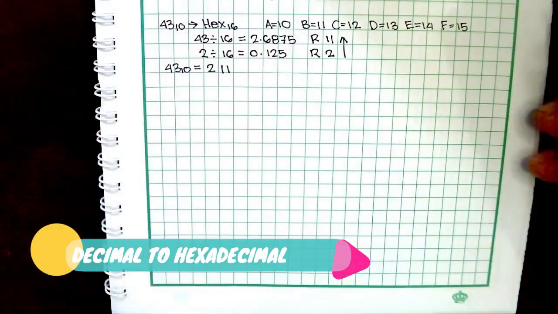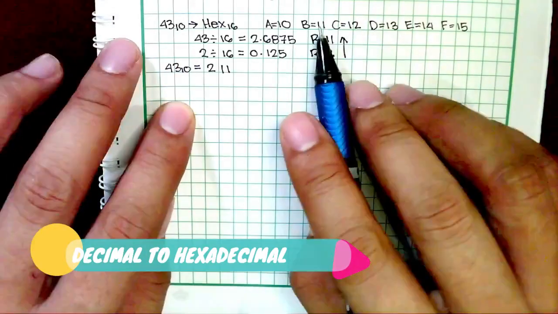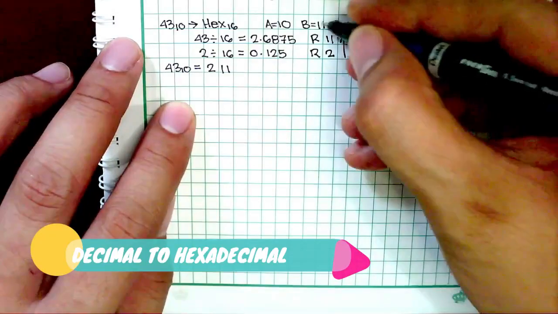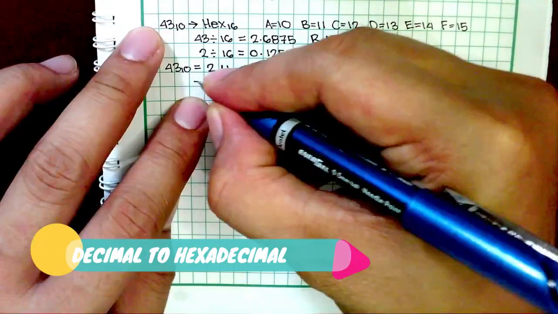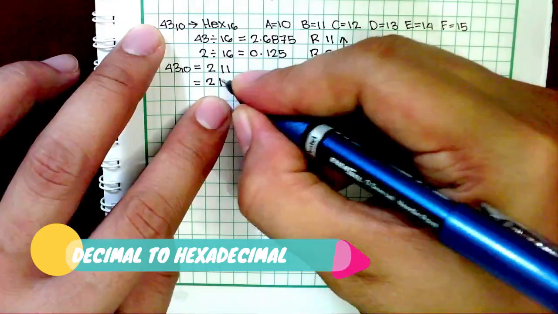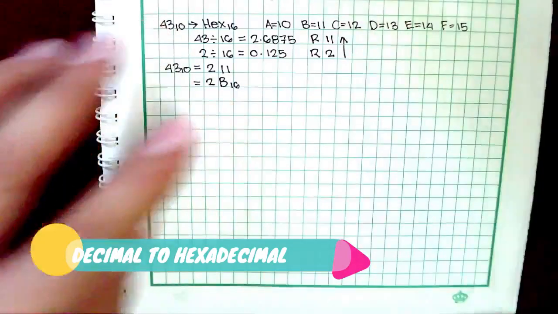We must remember that since we are dealing with hexadecimal numbers, 11 is equal to B. So let's replace the value of 11 by B. So our final answer is 2, B, base 16.